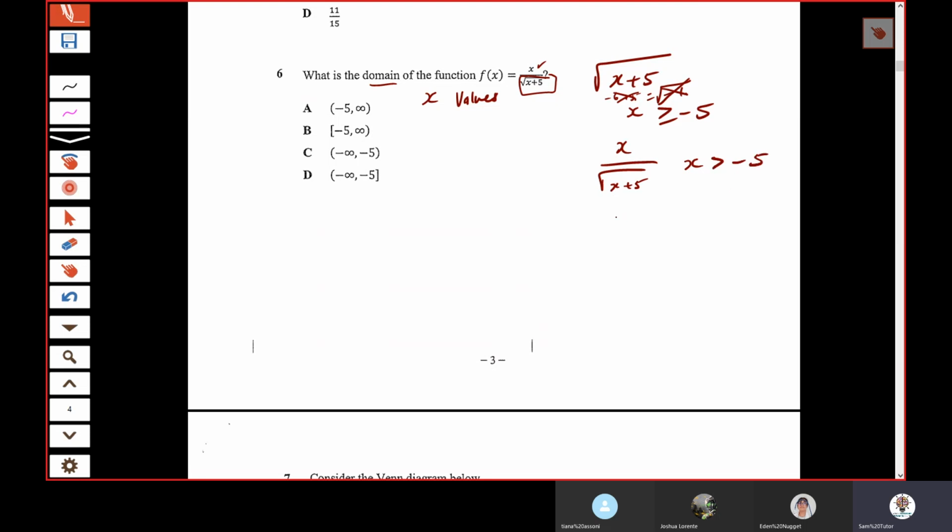It can't equal -5. So it has to be an open bracket all the way to positive infinity. So anything greater than -5, not including -5. Does that make sense?